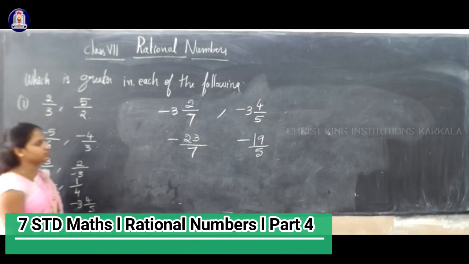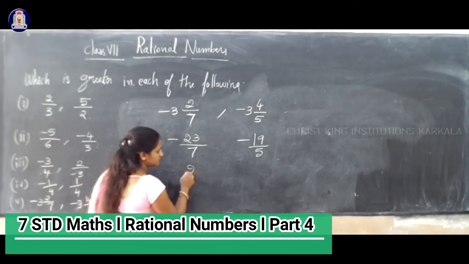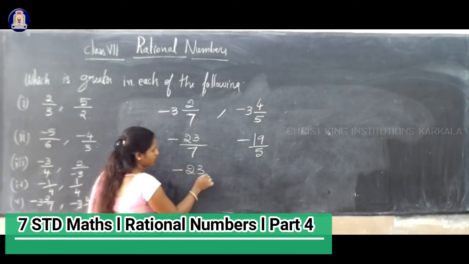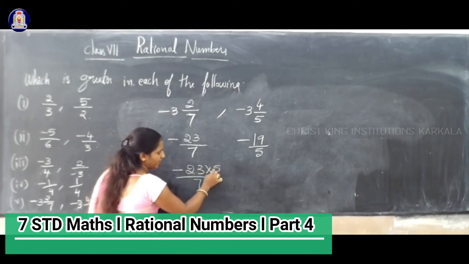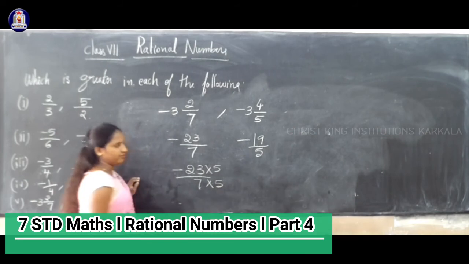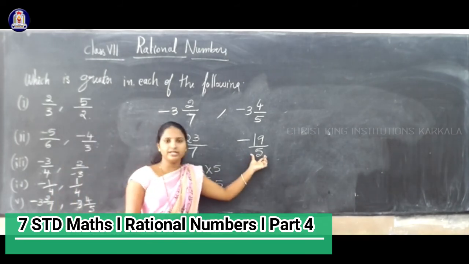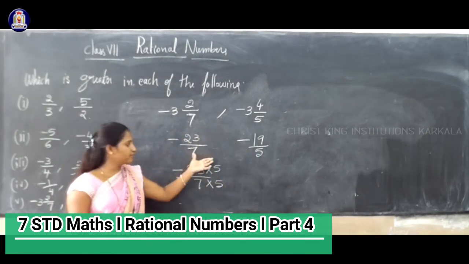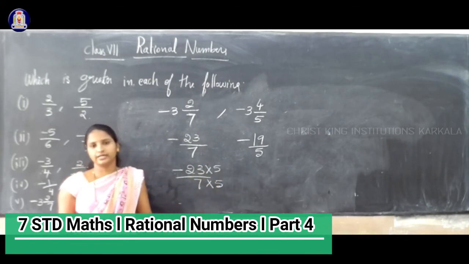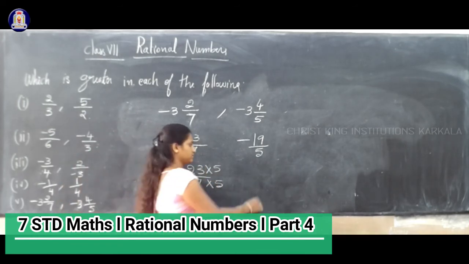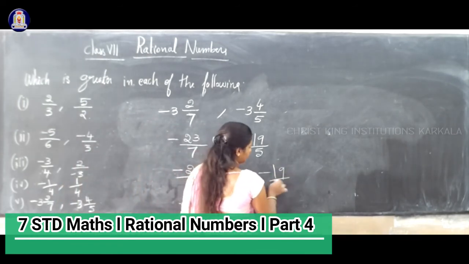So what we have to do, here also we have to make the same denominator. So minus 23 by 7 into 5, and you also into 5. Denominator here is 5, so that number you multiply to both numerator and denominator. So one more, minus 19 by 5.